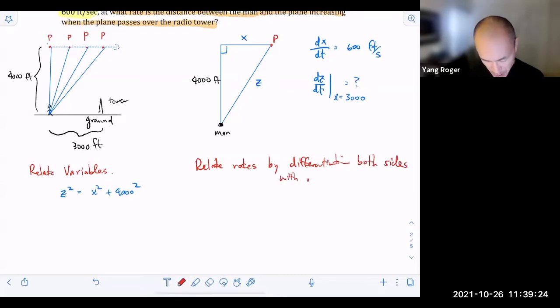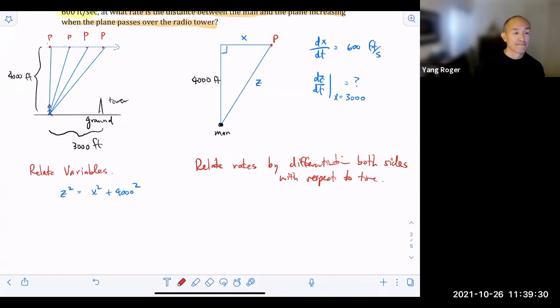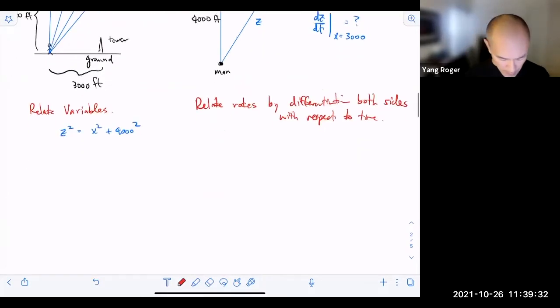Okay. So let's see if you could do that. I differentiate both sides, this side and this side, with respect to time.